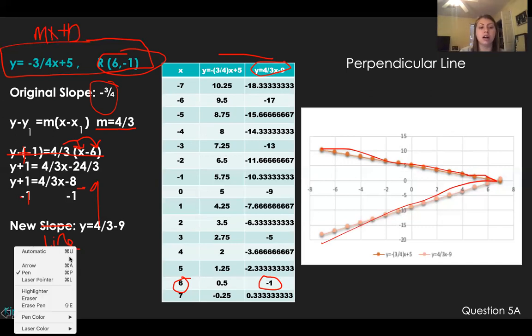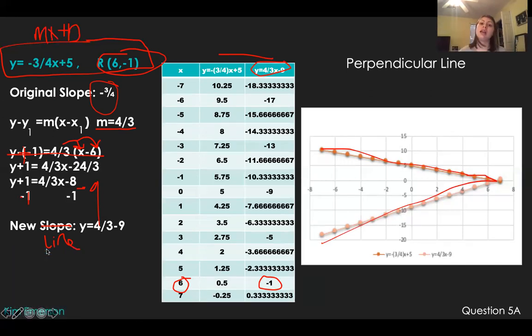See, not very hard. I mean, it is hard if you don't understand. But if you look at the table and you look at our graph, we can see how our points, like I said again, this is x. This is x for everything. So that's why the line looks so similar.